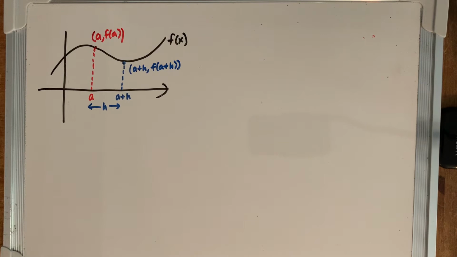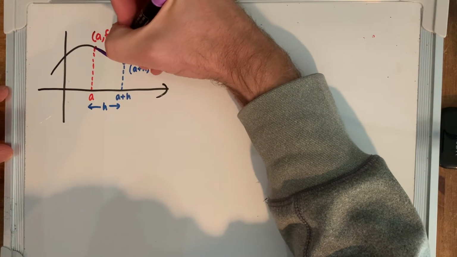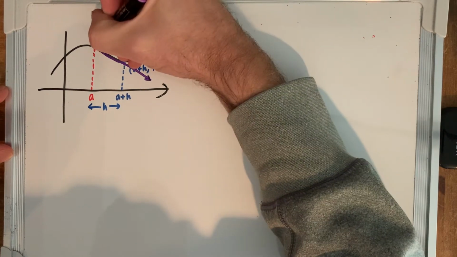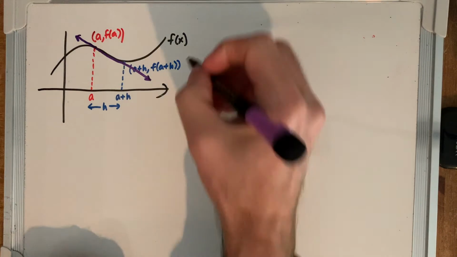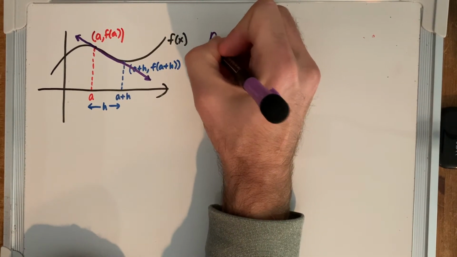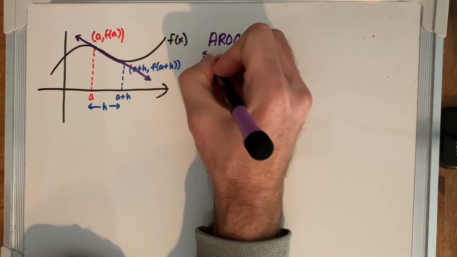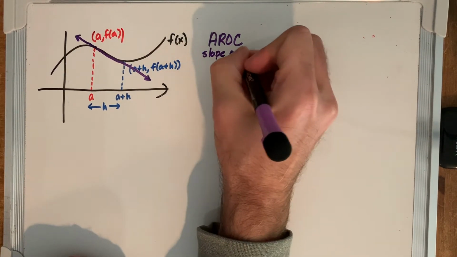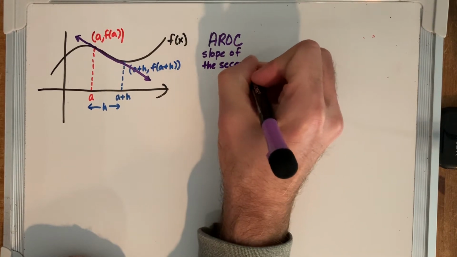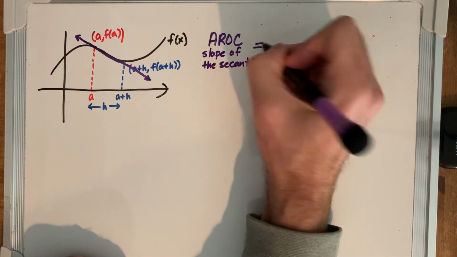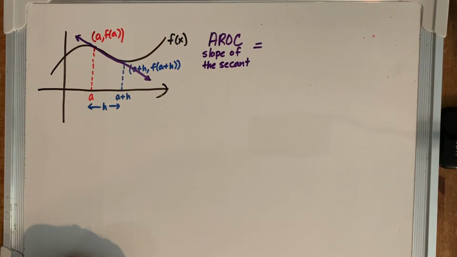Now, if we're talking about the secant line, so this line here that goes through the 2 points, we can find the average rate of change, which is the slope of the secant line, by just looking at the change in y divided by the change in x, just the standard old slope formula.